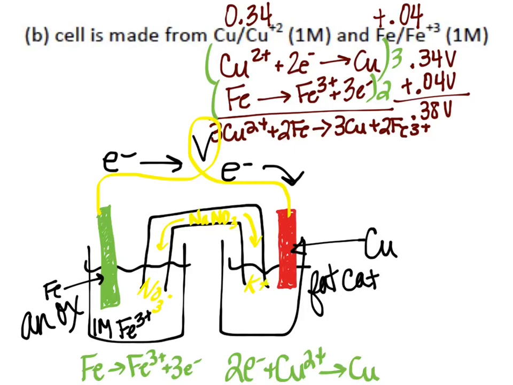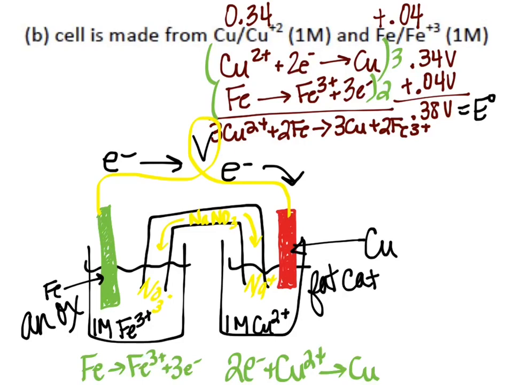It's Na, not K. Do we have to do arrows? Yes. Show which way they're flowing. Na. And this right here is 1 molar copper 2+ solution. Is that it? Yeah. So this is our E naught.